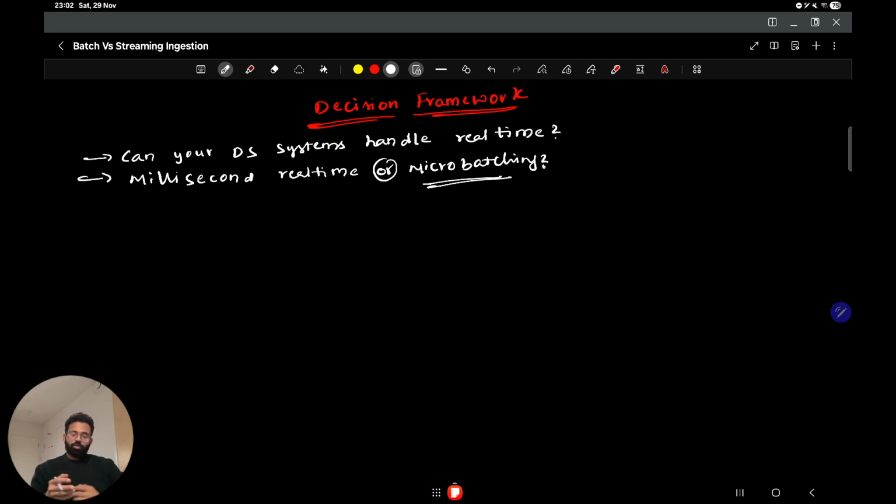People usually talk about batch ingestion and streaming ingestion, which are extremes in their own ways. But the middle ground is micro batching, even though it is a little inclined towards streaming ingestion, and it might be the balance you are looking for in most cases. Sometimes you actually don't need true streaming. Processing every 30 seconds instead of milliseconds, or every 1 minute, or even every 5 minutes, can feel real time to the users.